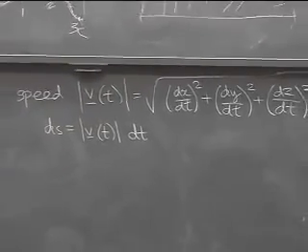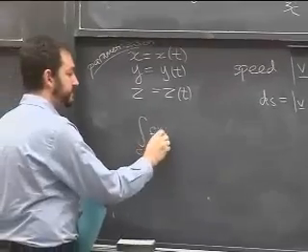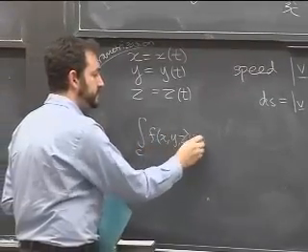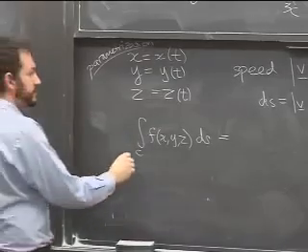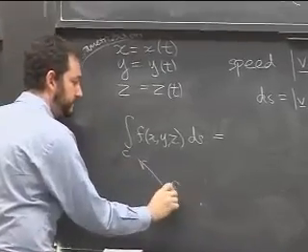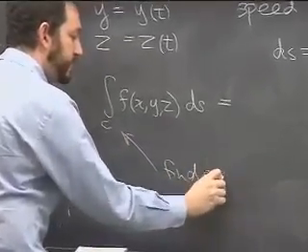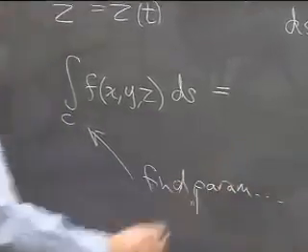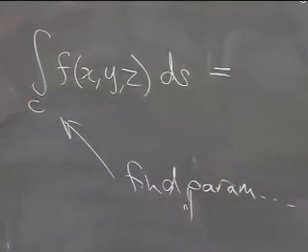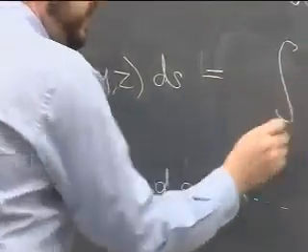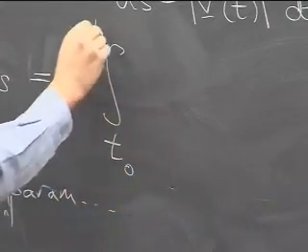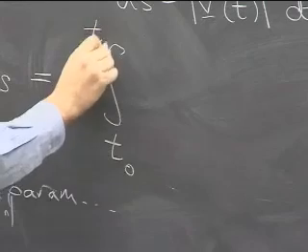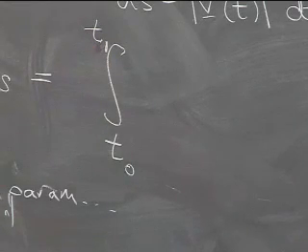So this means that to work out this integral, f of x, y, z ds, you have to find the parameterization. And then the integral goes from the first value of t to the last value of t.